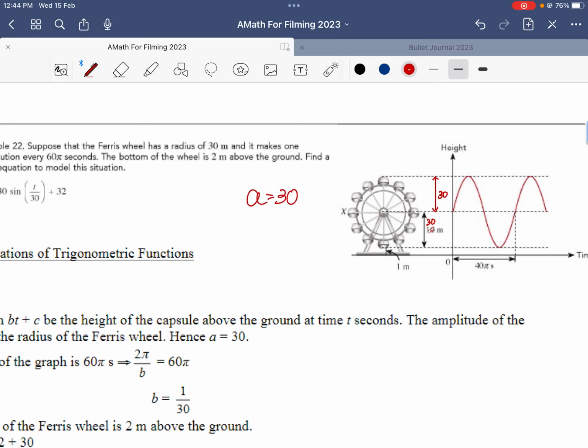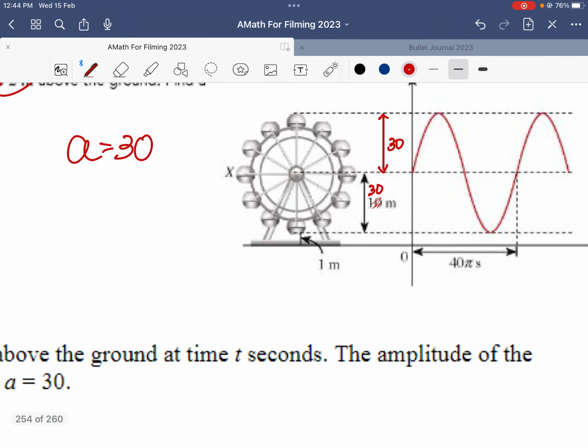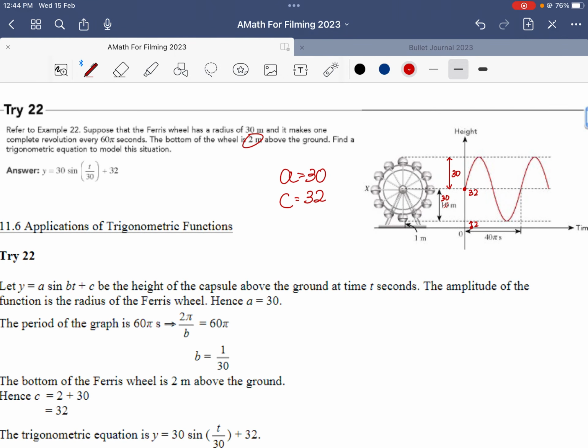Next thing, I know at 30, the bottom of the wheel is 2 meters above the ground. So here to here is 2, which means this point here is 32. So my c value itself is 32 meters. Last but not least, they say that it makes one complete revolution. One complete revolution means one complete cycle, and in this case, one complete cycle is 60 pi seconds.